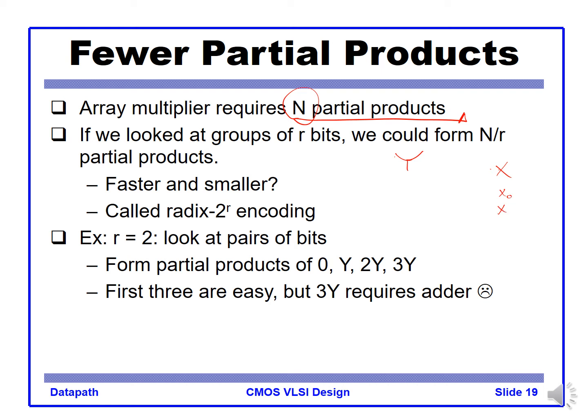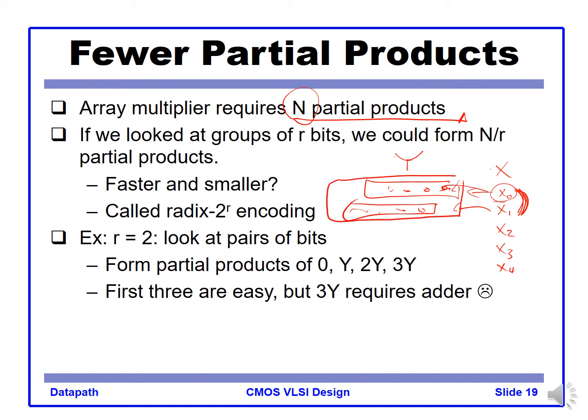Each multiplier bit is looked at, and from that we generate the partial products one by one. What if we look at the multiplier 2 bits at a time instead of 1 bit at a time? Then we can effectively reduce the number of partial products.